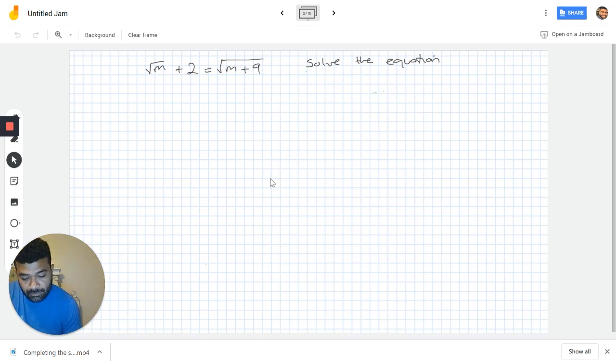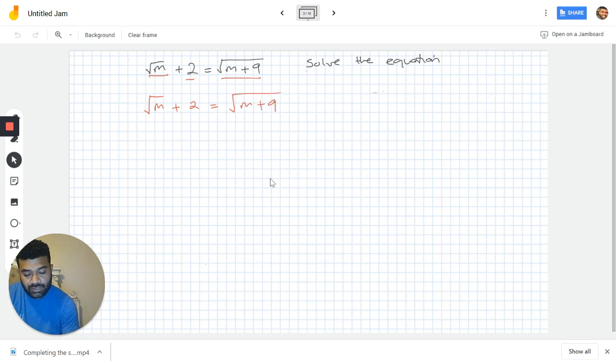So what I'll do is, okay, I have a root of m, and then I have a 2, and I also have a square root of m plus 9. Let me just rewrite this equation. Root of m plus 2 is equal to a square root of m plus 9.